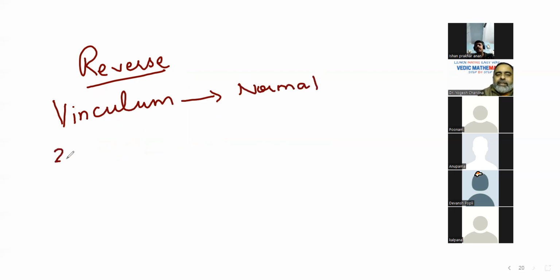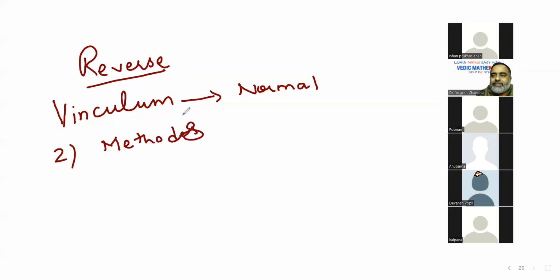We have two different methods for this. One we have already done. Which one, Kalpana? The normal subtraction method by place value.